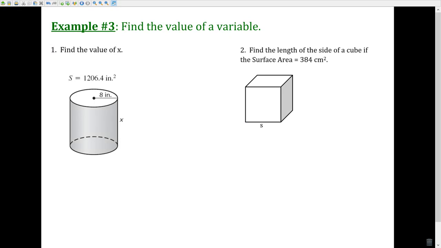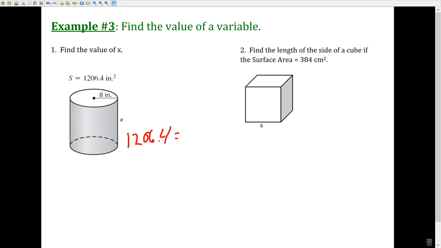Last two problems here, a little different. They give you the surface area, then you have to go find a component of it. This is kind of similar, just reversing situations like we did in finding the area. So we would find the radius or find the height or what have you. So just use your formula and then find the missing variable. So you have surface area is 1,206.4 inches squared.